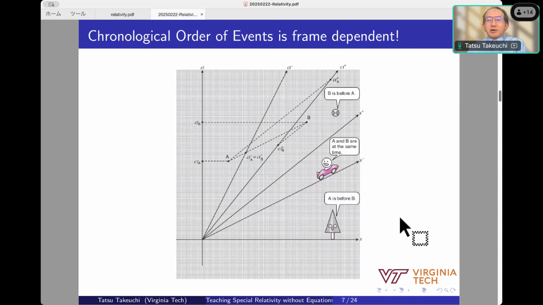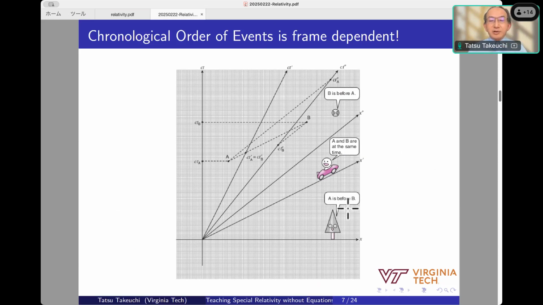So basically what Lorentz transformations are telling us is that the concept of simultaneity, namely the concept of 2 events happening at the same time or not, is going to depend on the frame that you're doing the observation from.